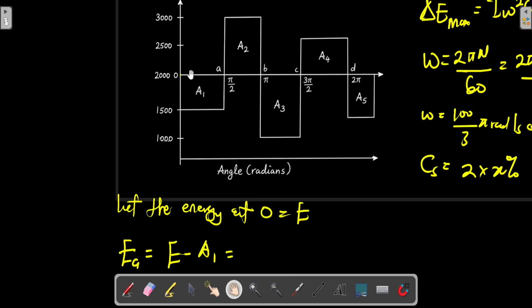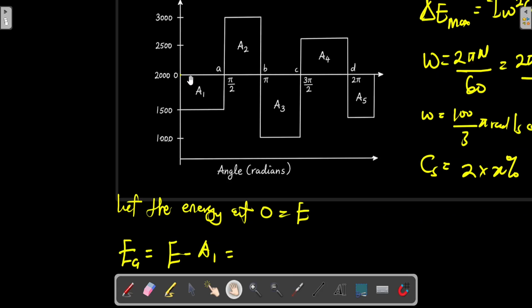This particular interval is pi over 2 multiplied by this particular dimension, which is 2000 minus 1500, so we have 500 multiplied by the interval here, which is pi on 2.